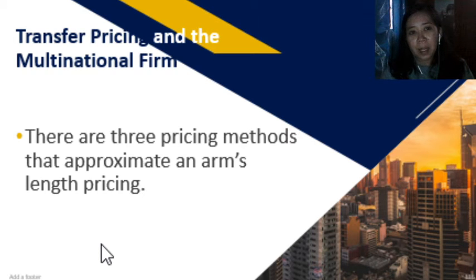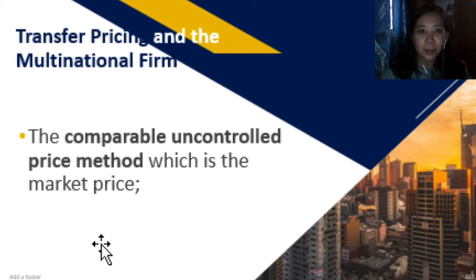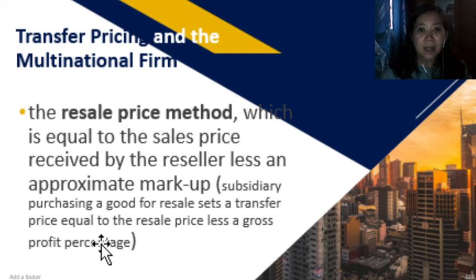So there are three pricing methods that approximate an arm's length pricing. Number one is the comparable uncontrolled price method, which is normally the market price. The second is the resale price method, which is equal to the sales price received by the seller or reseller less an approximate markup.